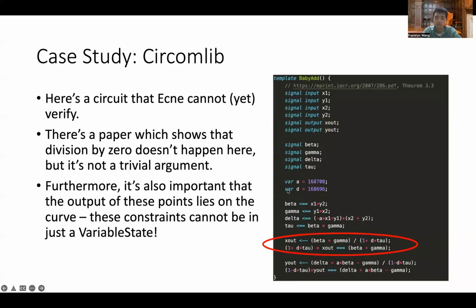Furthermore, just to give you an idea as to why this is hard, I can find values of x1, y1, x2, and y2 so that this division by 0 happens. It wouldn't be challenging. The reason that it doesn't happen is that x1 and y1, x2 and y2 are all points that lie on the baby jub elliptic curve. That's why this function is called baby add.